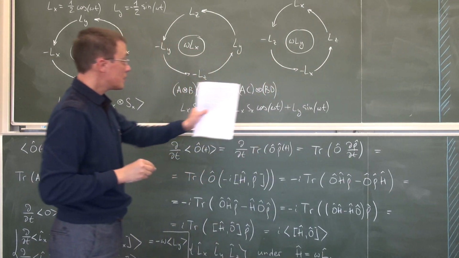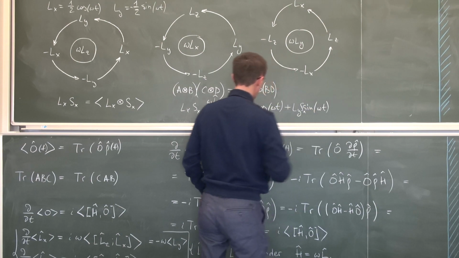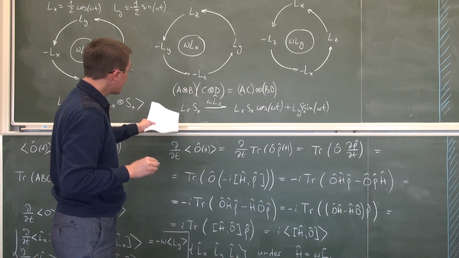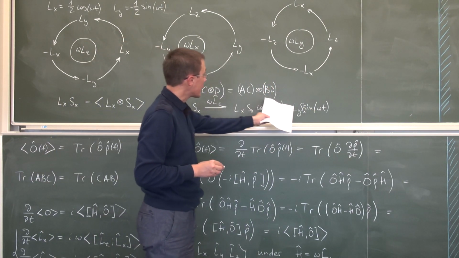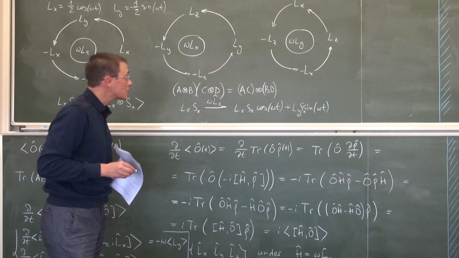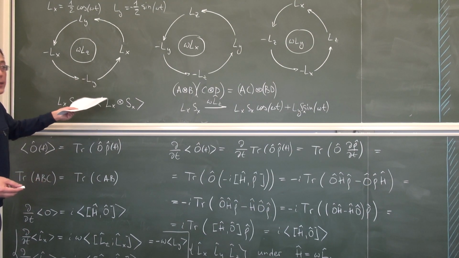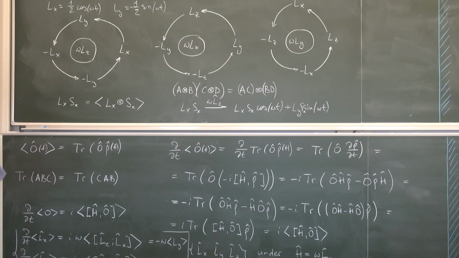So Lx rotates into a combination of x and y, but Sx just lives on because nothing acts on it. And so it is possible, therefore, to use these rules not just for single operators, but also for product operators. And so collectively, these rules are therefore called product operator formalism.